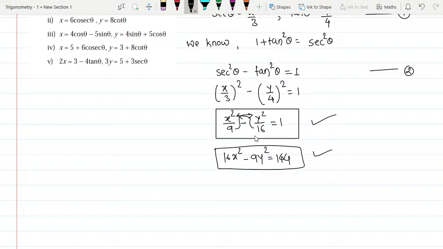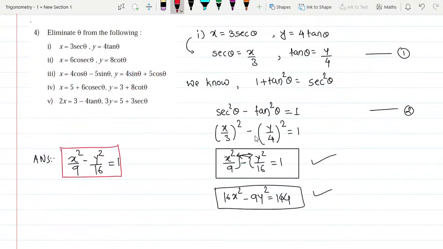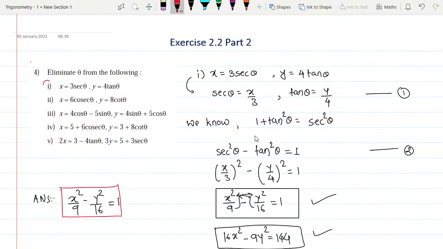Now if you observe, my final answer is x square by 9 minus y square by 16 equals 1. Do we have theta in this equation? No. Means what we have done, we have eliminated the theta from the first question. Is it okay everyone? I hope you are getting this. If you have any doubt, you can comment here, no problem, or at the end of this class you can message me.